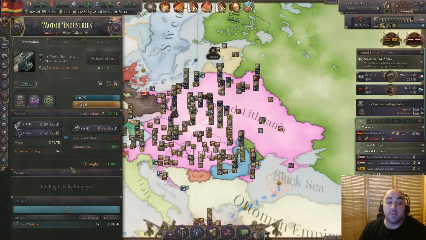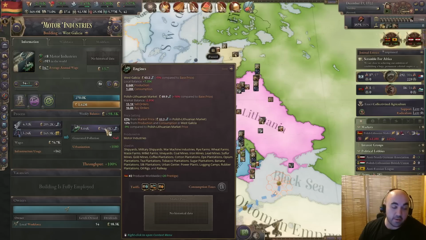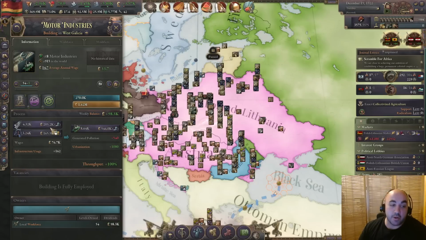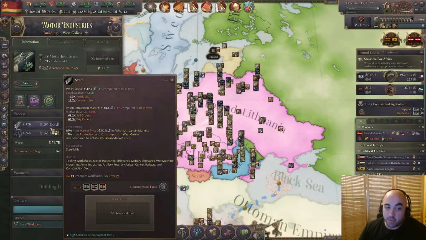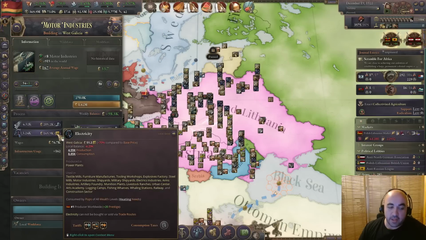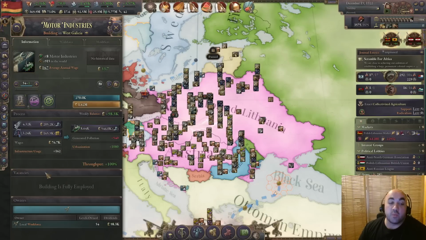The value that the building generates is equal to the output goods, that's the quantity of goods multiplied by their current price in the market, minus the input goods, that is, the input goods quantities multiplied by their current price in the market, or locally in the case of electricity, and from this we will generate that much value. Value is created in one of two ways by buildings, and that is through the weekly balance and also through the wages.